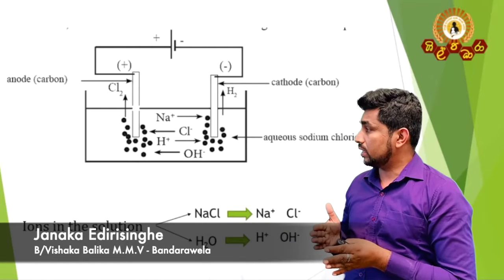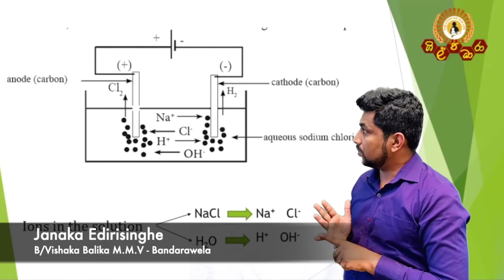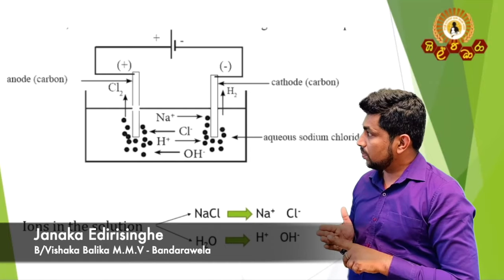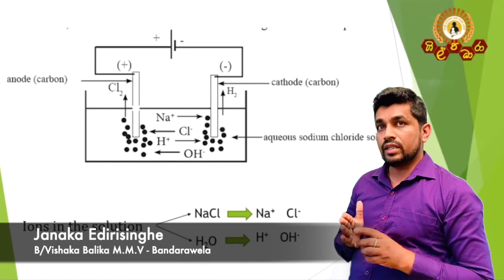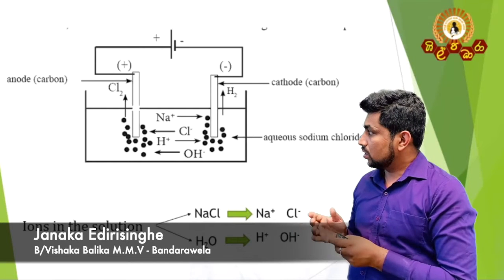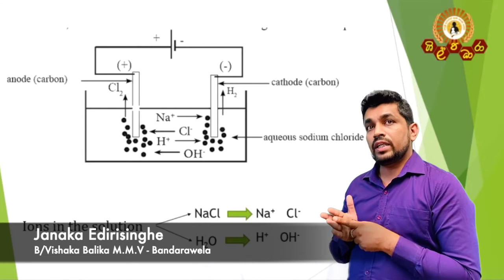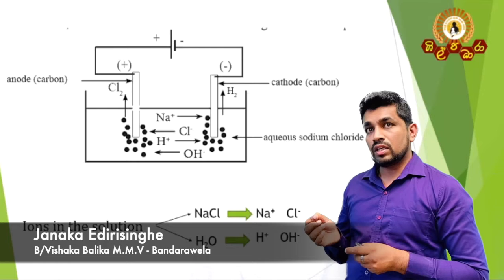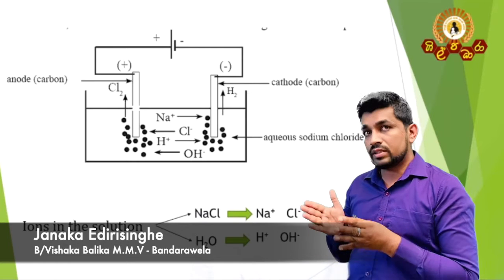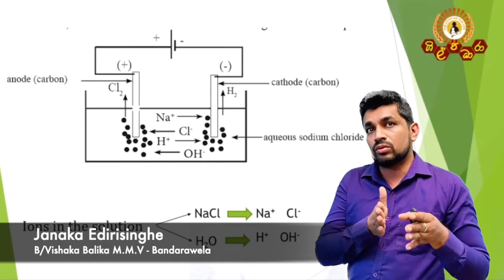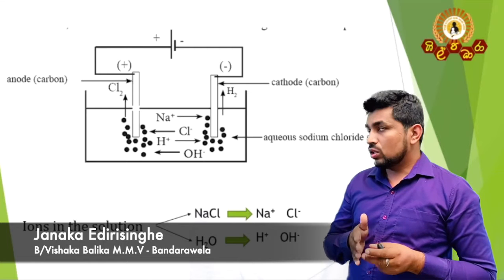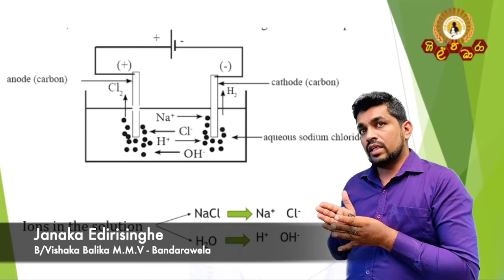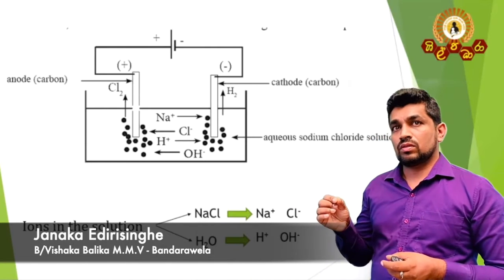In the diagram, sodium ions and hydrogen ions move towards the negative terminal. Then the chloride ions and hydroxyl ions, the negative ions, migrate to the positive terminal.